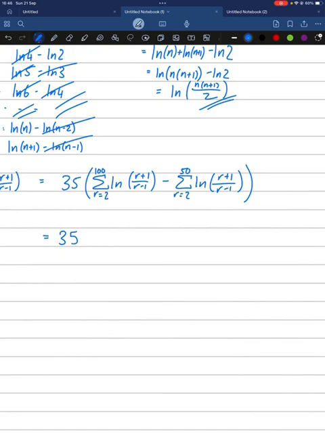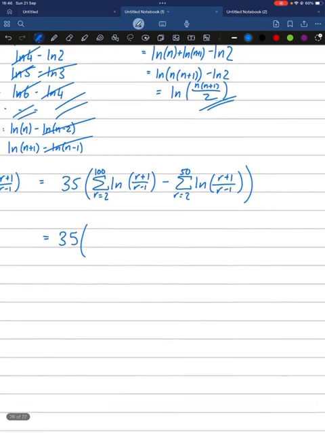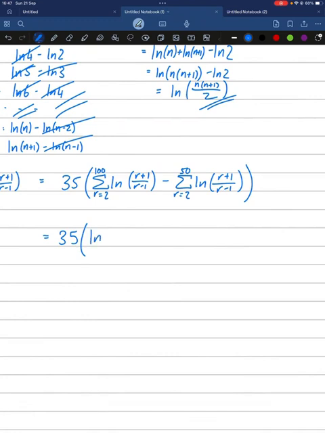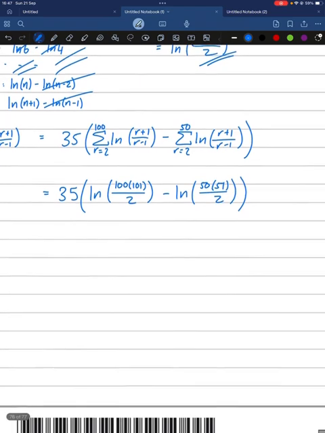Now this is 35 times what we get here, ln of n times n plus 1 over 2, so n is 100 over here, so we're going to get 100 times 101 over 2, minus ln, and here n is 50, so we're going to get 50 times 51 over 2.